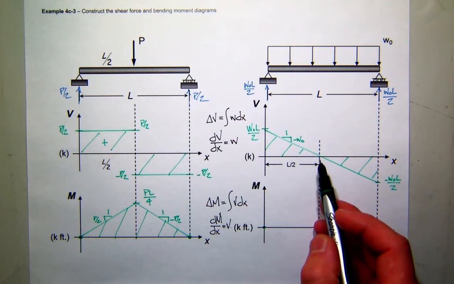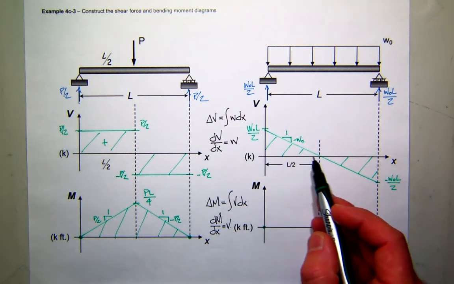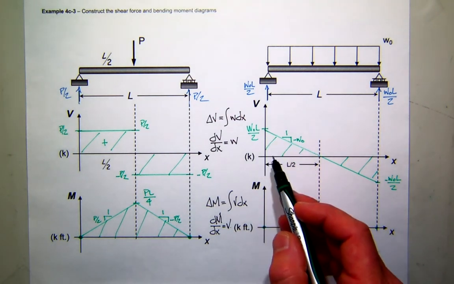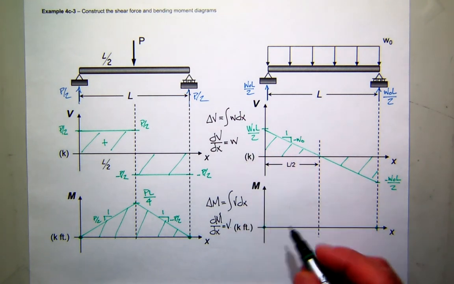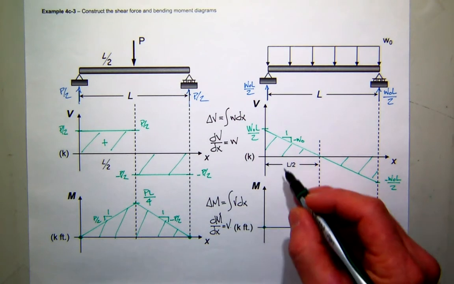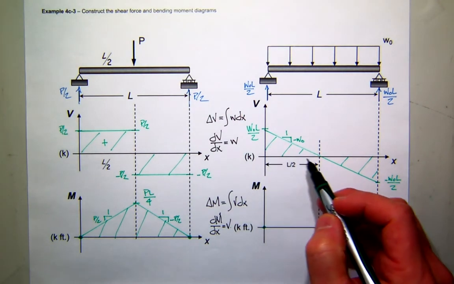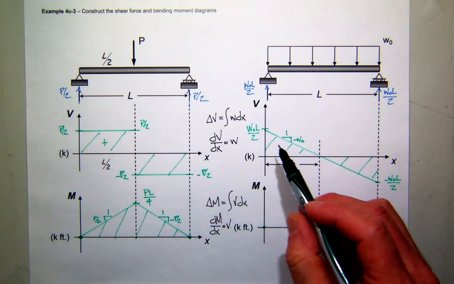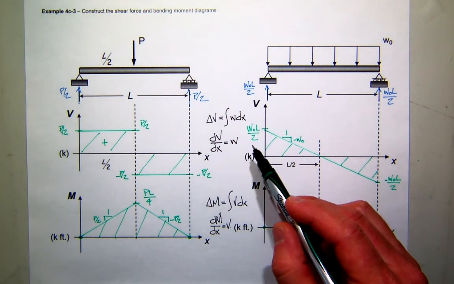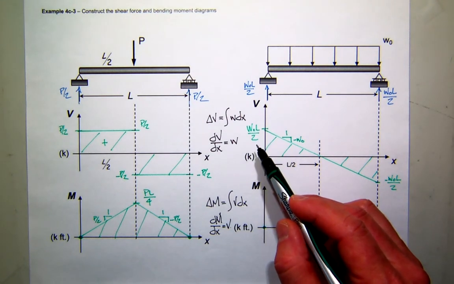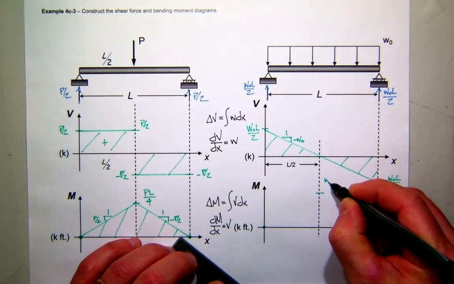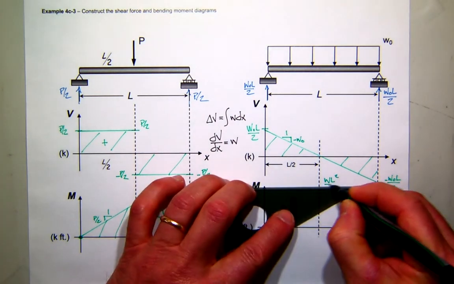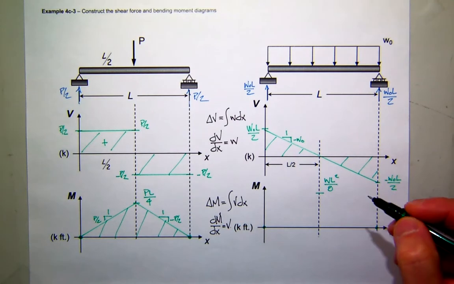So here's an area in the shear diagram. It's a positive area, and it's a triangle. What's the area of a triangle? 1/2 base times height. So if I start at 0, I should add this amount to 0. That would be W naught L squared over 8, so I would have a positive value of W naught L squared over 8.